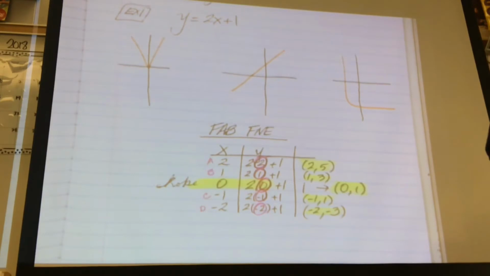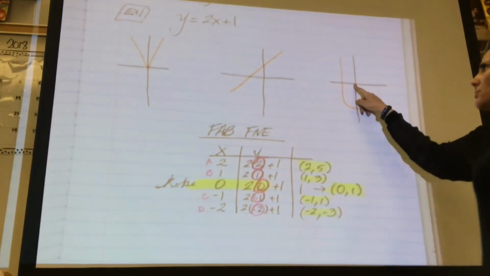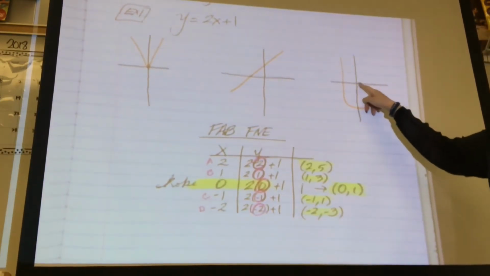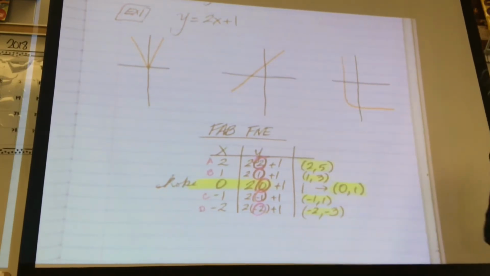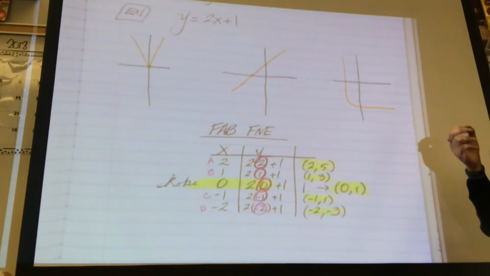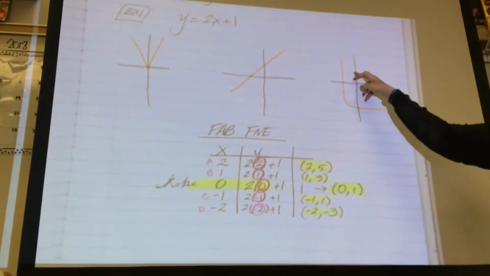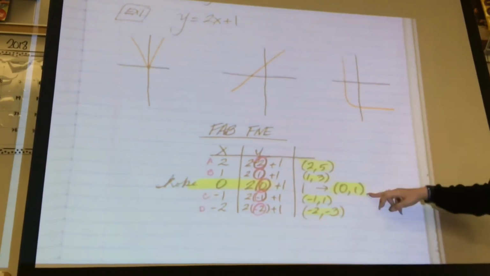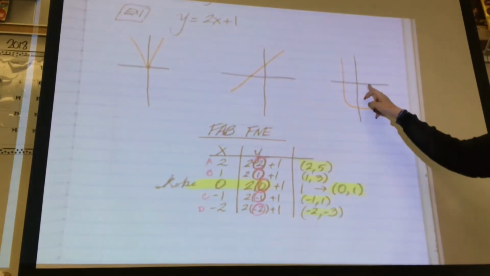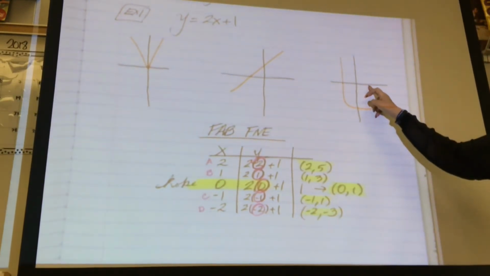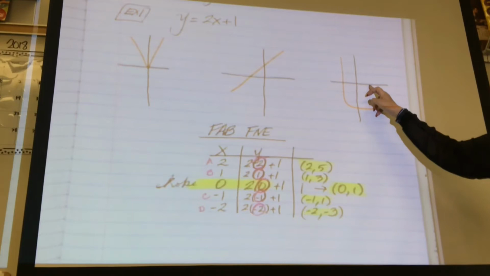Well, how do you graph 0, 1? Do I go up 1, right 1, left 1, down 1? You do go up 1. Why do you go up 1, Jaden? Why is 0, 1 up here? How come you didn't go to the right one? Let me come back to you.